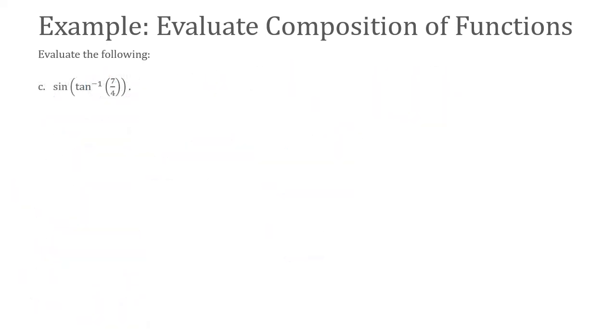So here is another one like the last one that we saw. Part C of this problem says sine of inverse tangent of 7/4. All right, so I'm going to say that the sine of inverse tangent of 7/4 is equal to something.